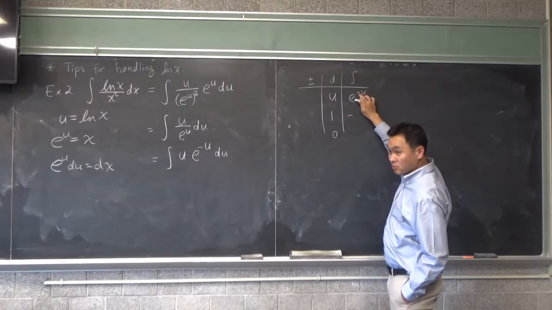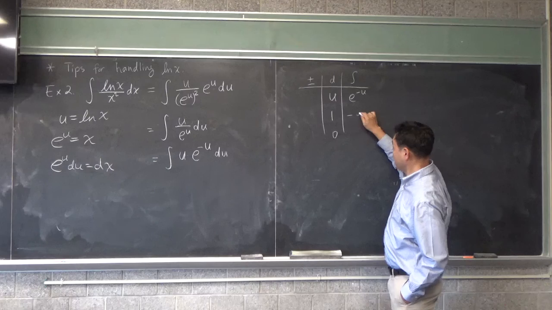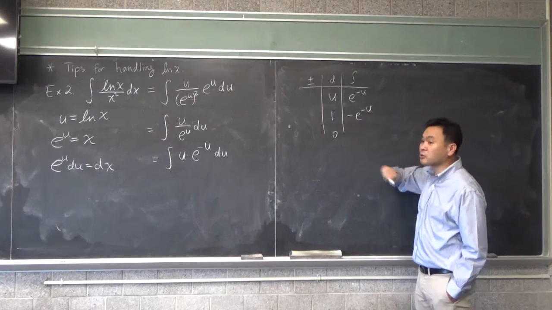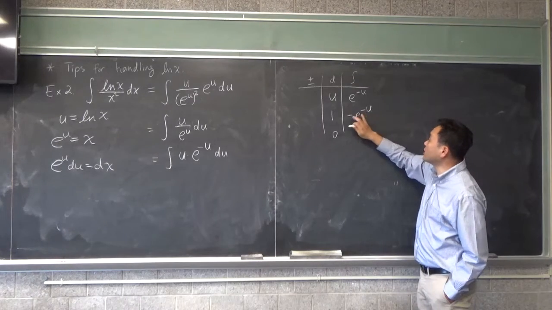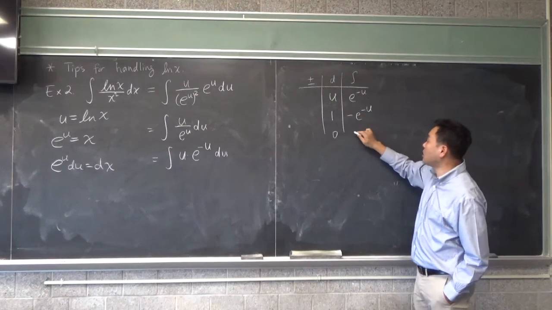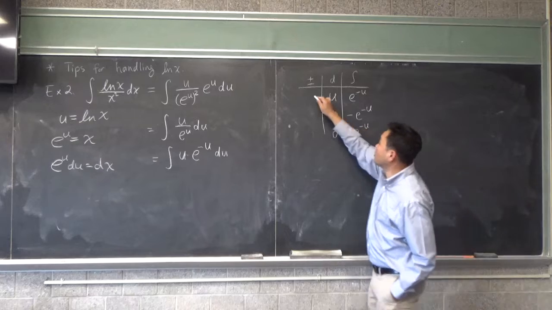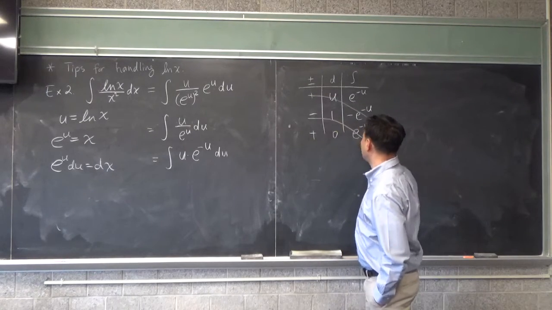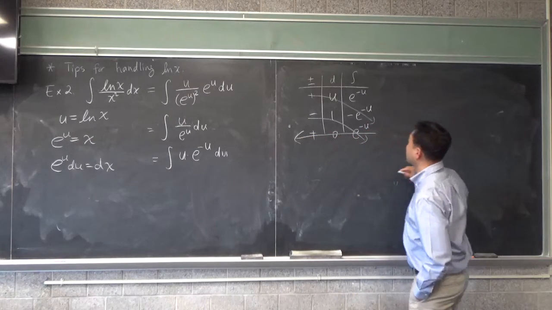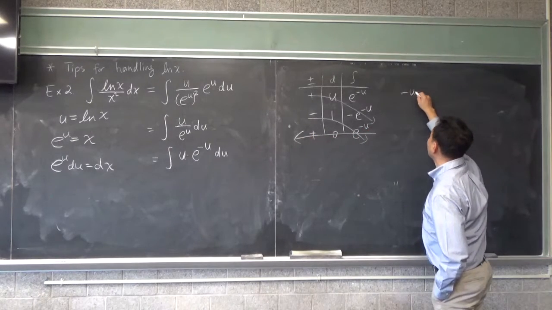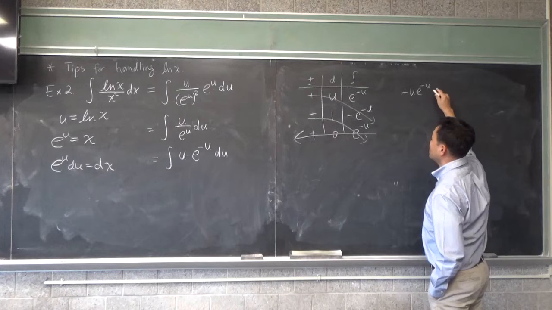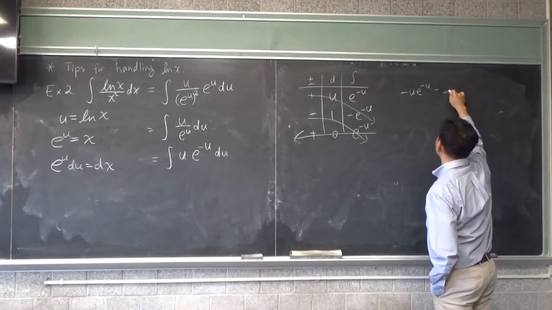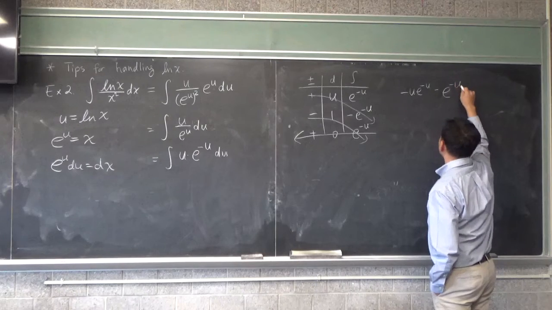The reciprocal of the number in front of u comes out, but the reciprocal of negative 1 is negative 1, so that's why you get that. Another negative comes out, and negative of negative is positive. Then you have plus, minus, plus, do this, that. And you get negative u e to the negative u minus, just 1 times e to the negative u, plus c.